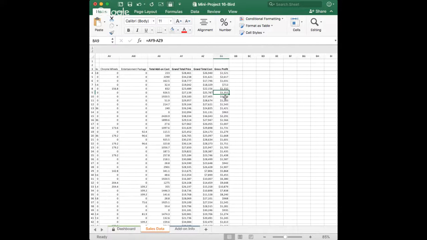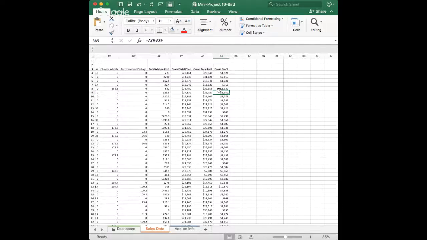And then I don't need to calculate my gross profit percent. Gross margin, sorry. Right, that's only on the dashboard. Yeah, so I'm good. I got that stuff.